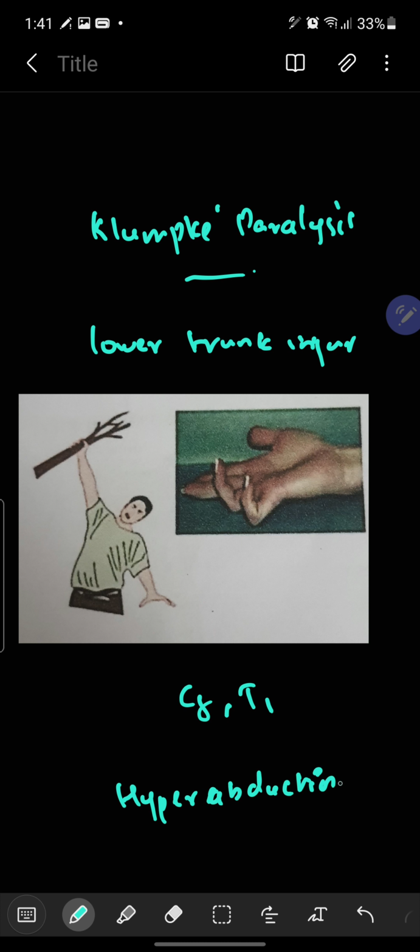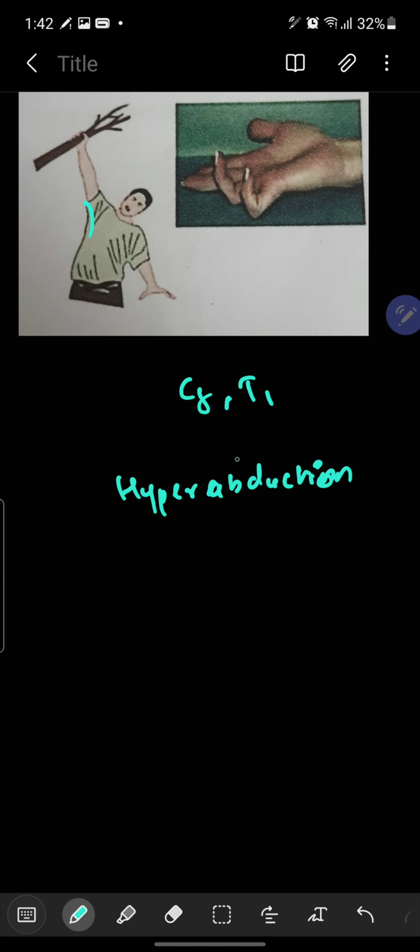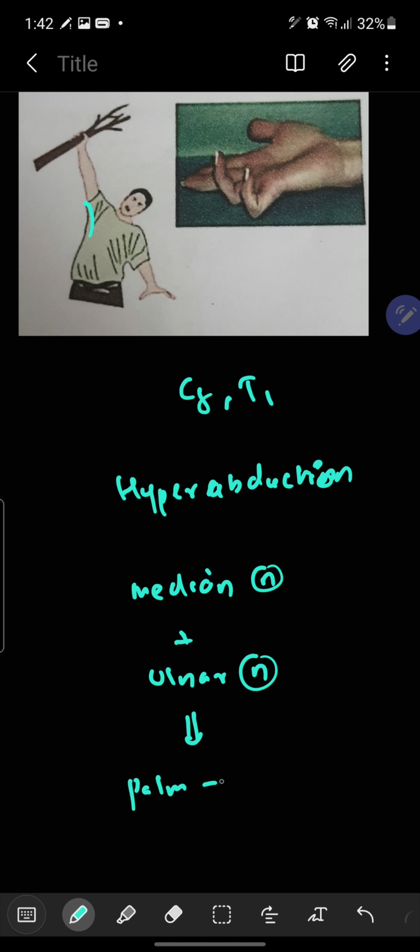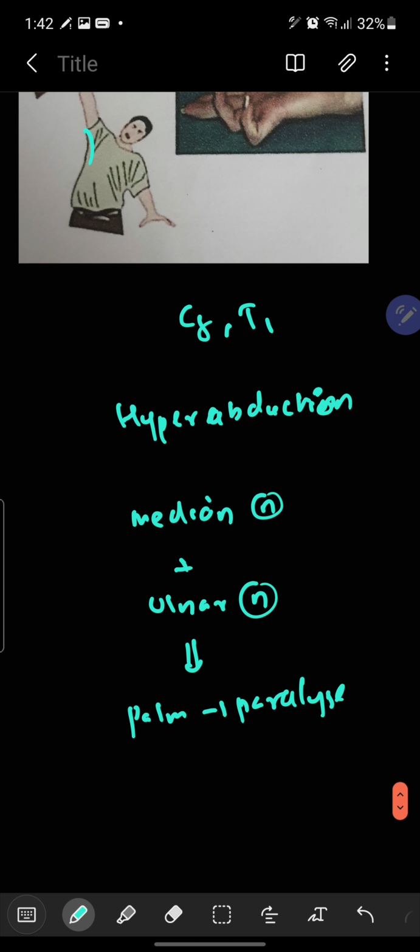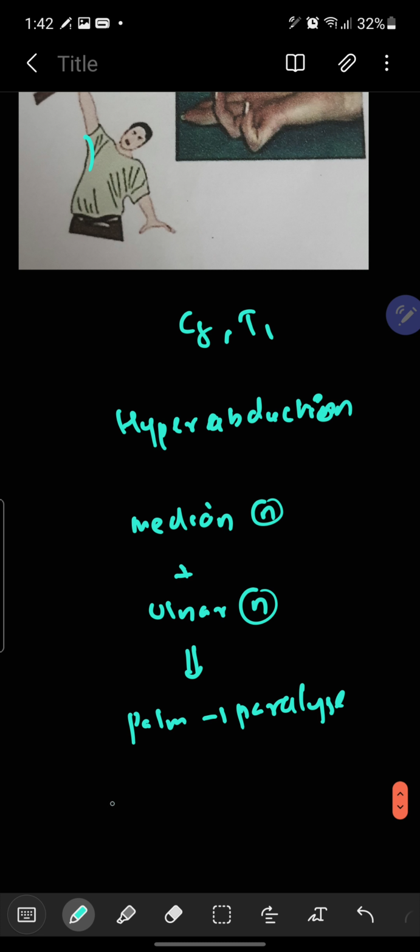As you can see in this figure, the person is hyperabducted. Now the affected nerves are the median nerve and ulnar nerve. So the muscles of the palm are paralyzed. So this deformity is called claw hand.